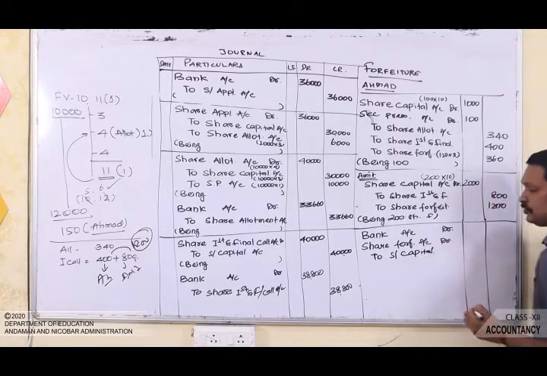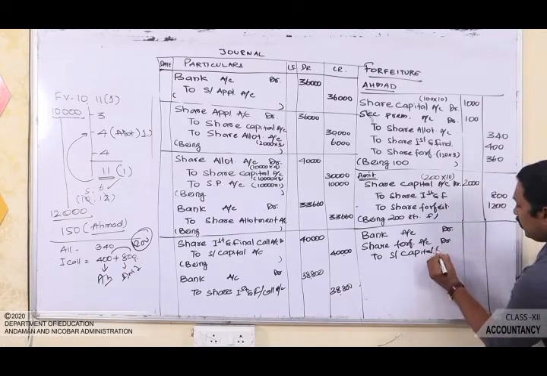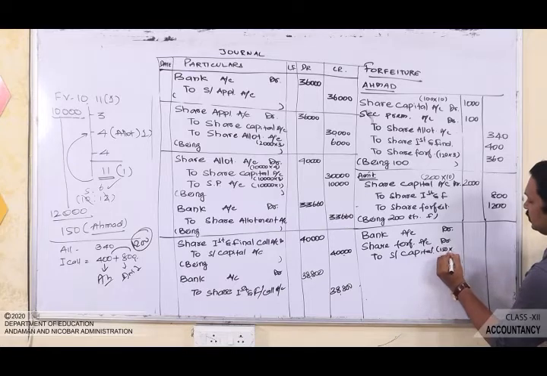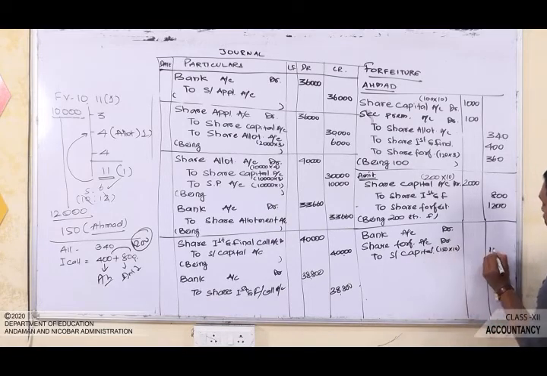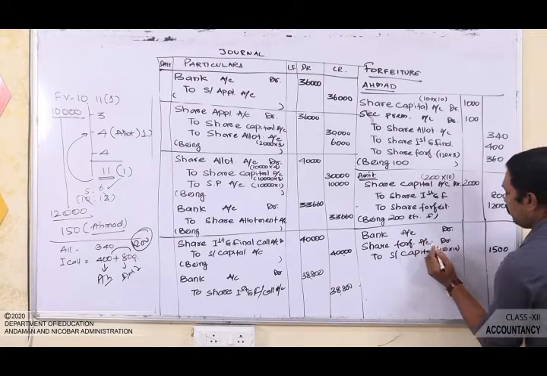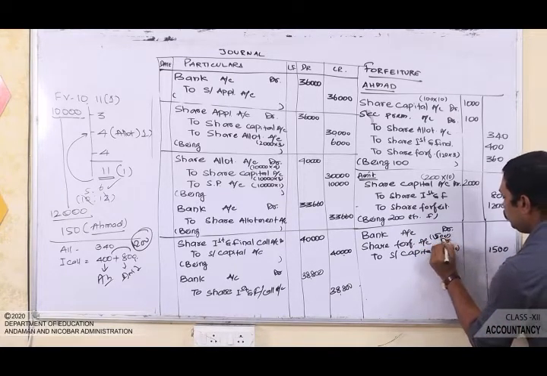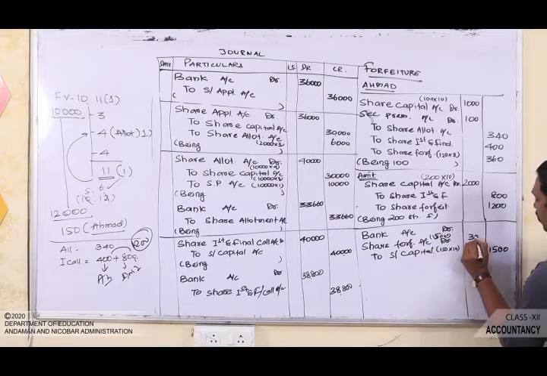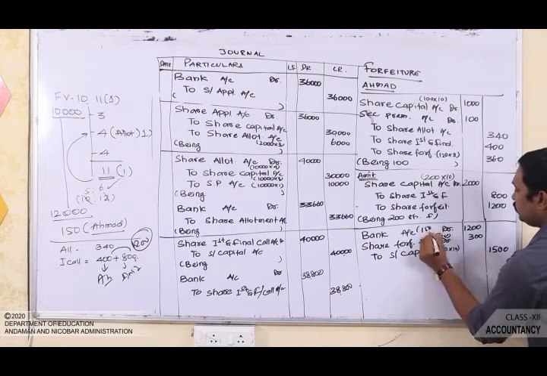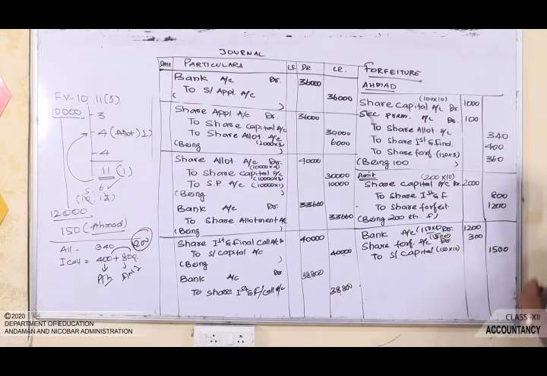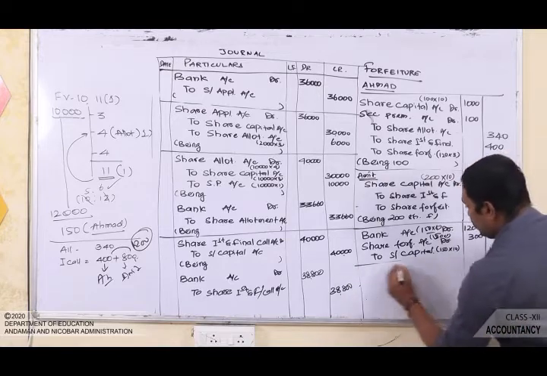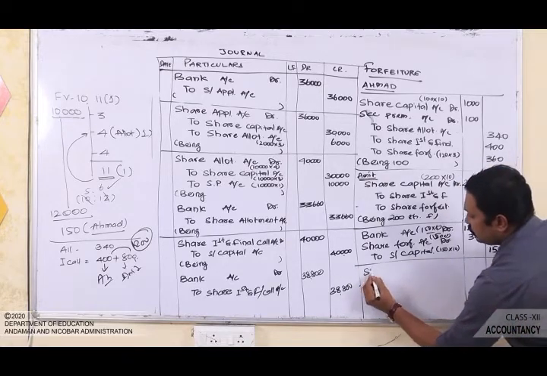How many shares were reissued? Only 150 shares were reissued. This is 150 into 10, 1,500. So 150 into loss, how much? 150 into 2, that is 300 loss. So the balance bank account 150 into 8, 1,200. Right?